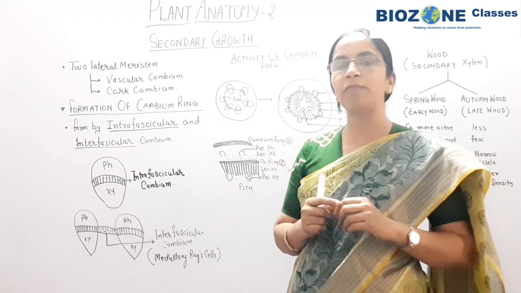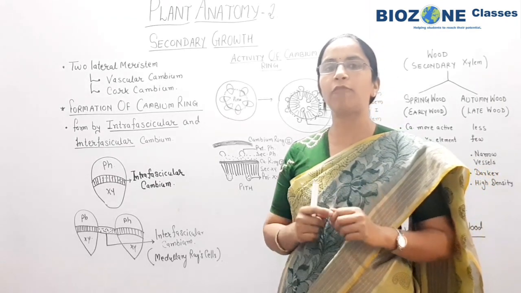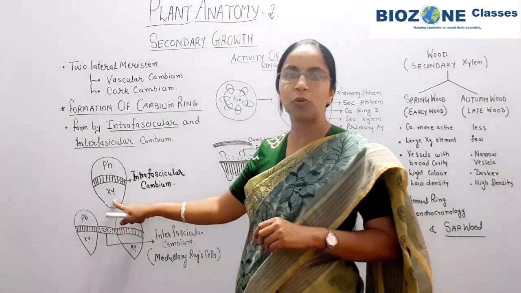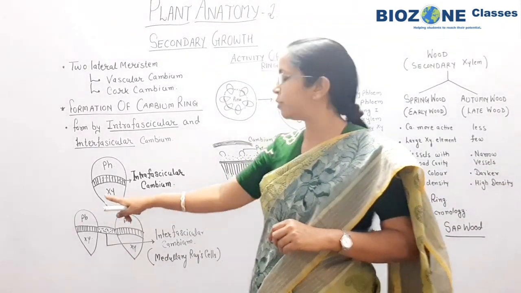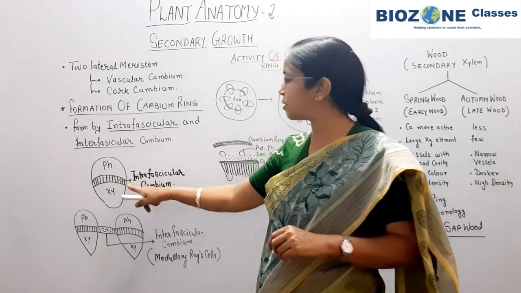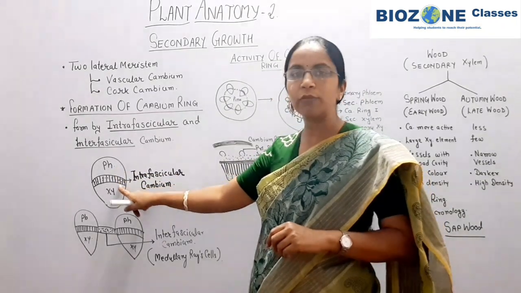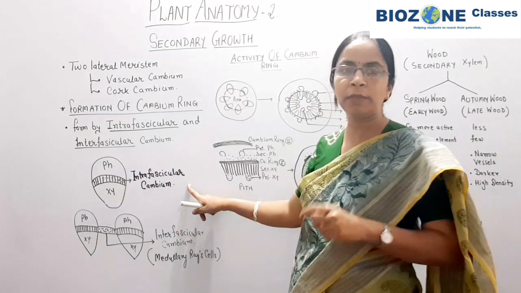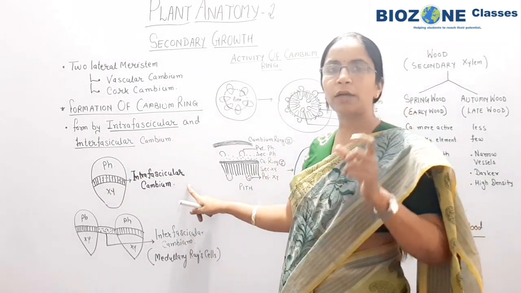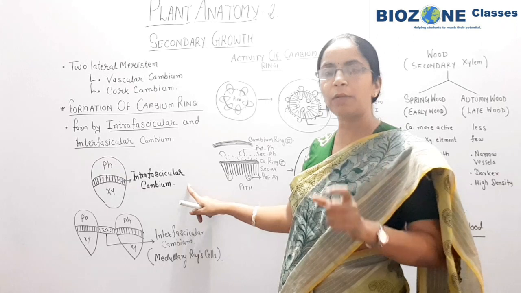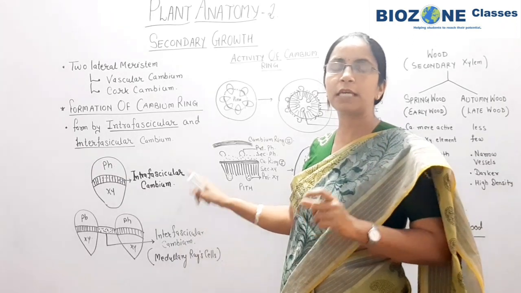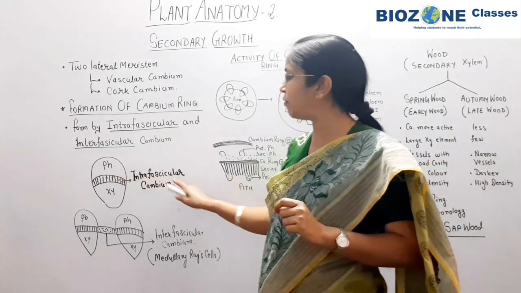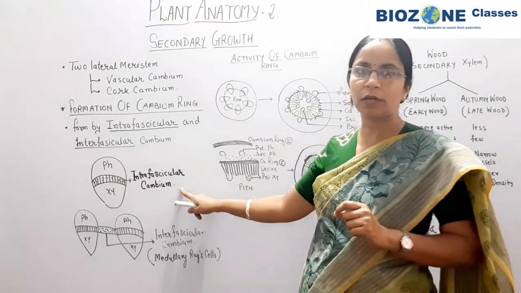So the cambium which is present between the primary phloem and primary xylem, in this kind of structure you observe in a vascular bundle, is called intrafascicular cambium. In simple terms, the cambium present in the primary body, inside the vascular bundle between primary xylem and primary phloem, is called intrafascicular cambium.